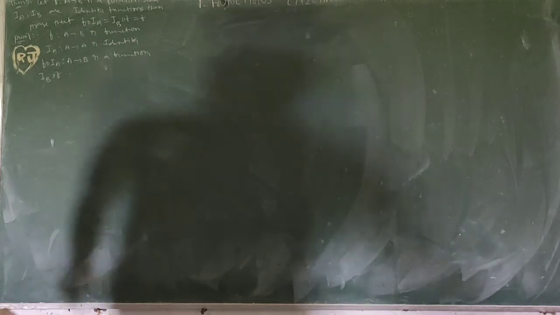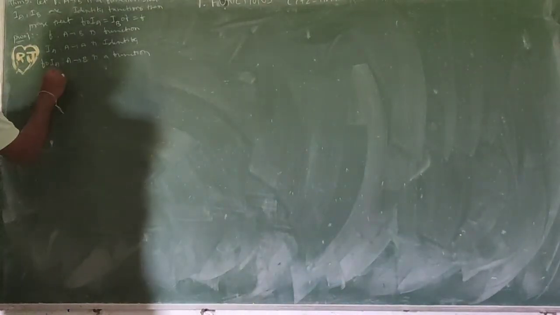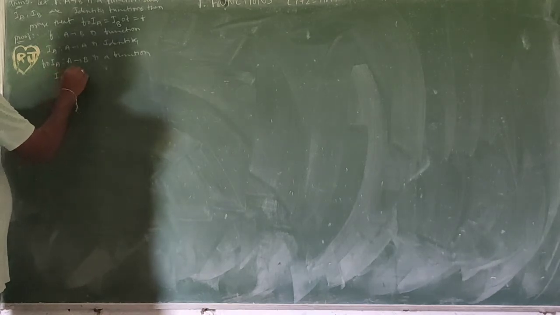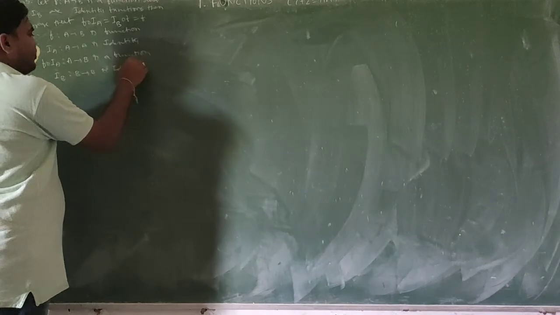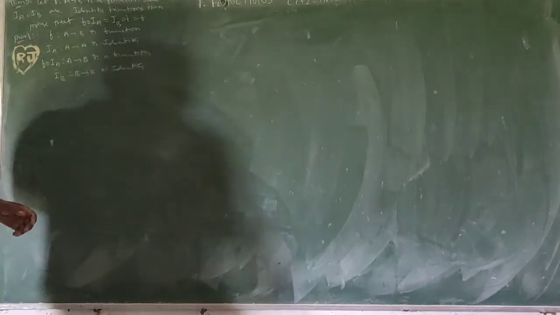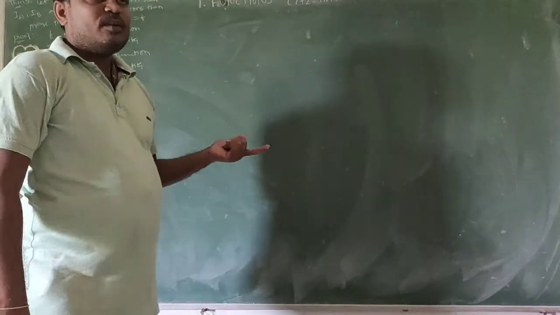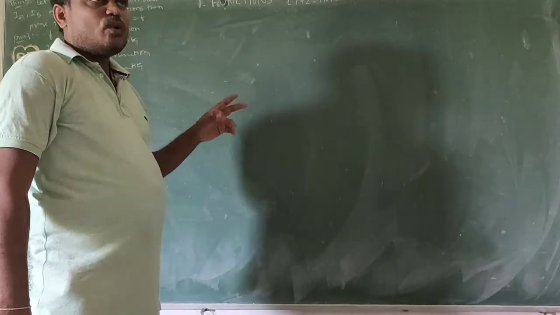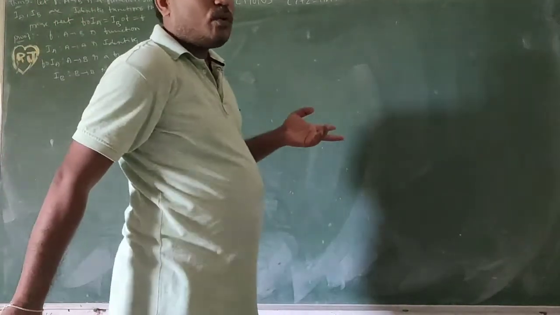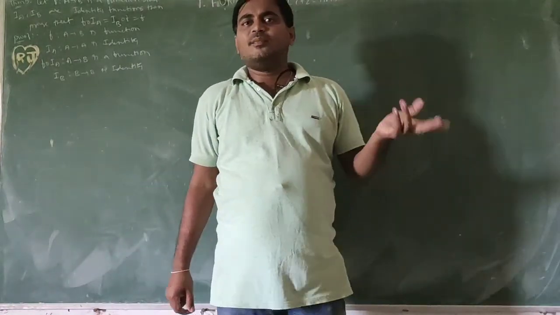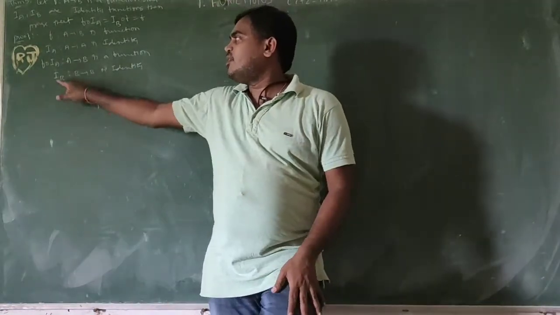So to find IB circle f, I want to take a function IB from B to B, which is also an identity. Identity function is nothing but domain and codomain are the same. If the domain and codomain are A, we call the function IA. If the domain and codomain of the identity function are B, we call that function IB.